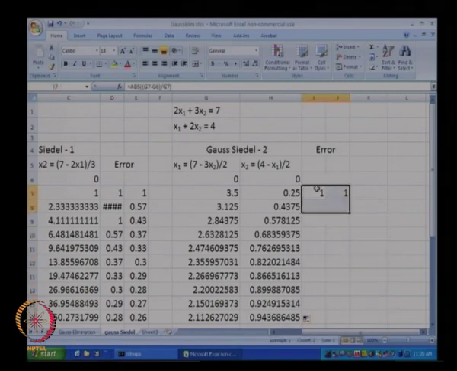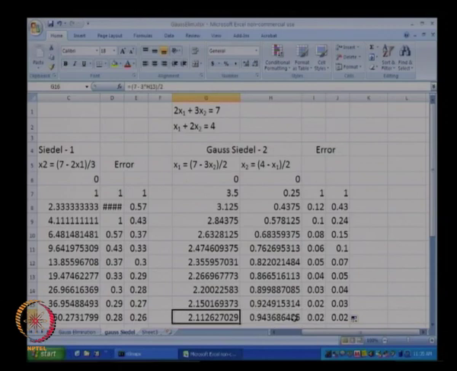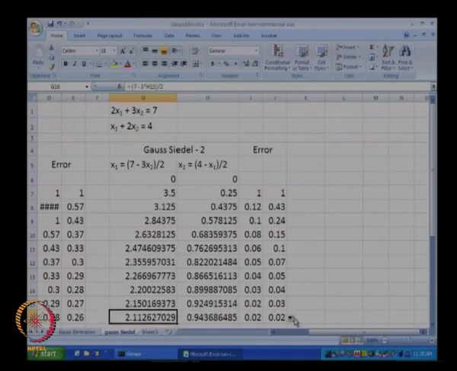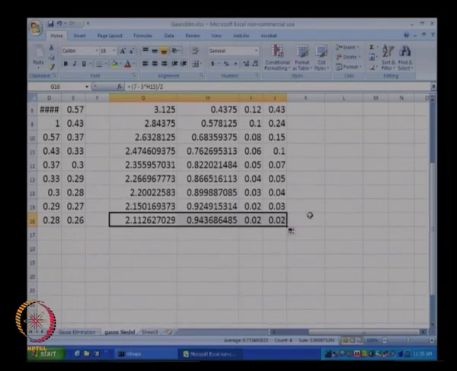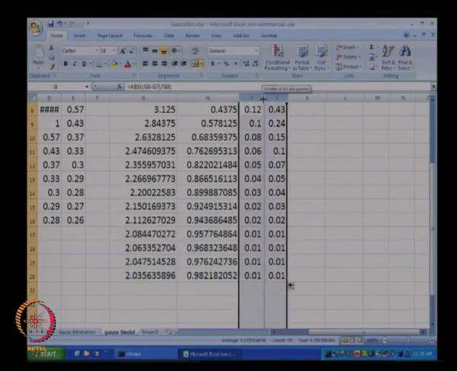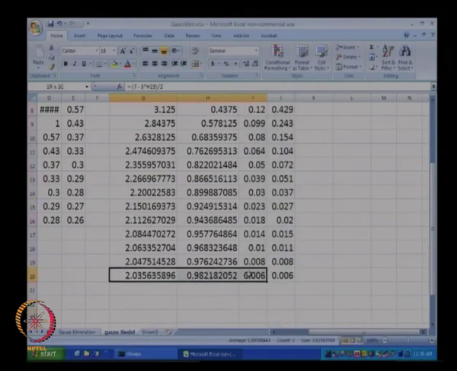If we recall, our solutions were 2, 1, so we are getting closer and closer to the solution, and we will need a few more iterations in order to reduce the error to the level that we desire. Okay, we need 10 to the power minus 3 at least as the accuracy.